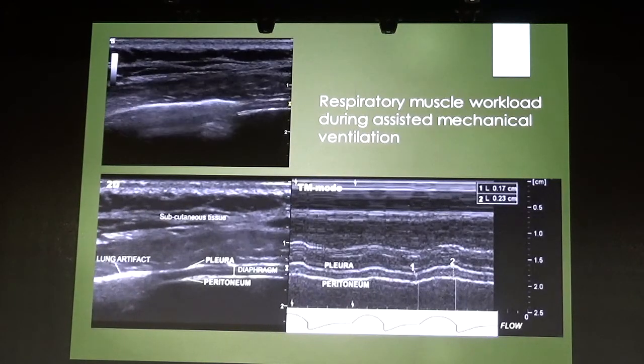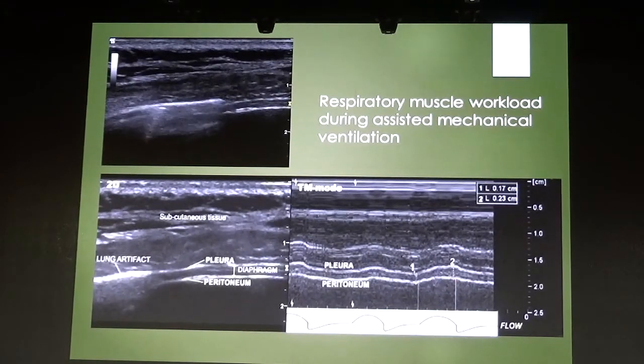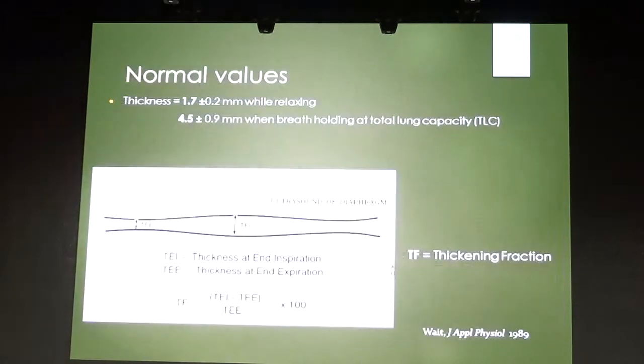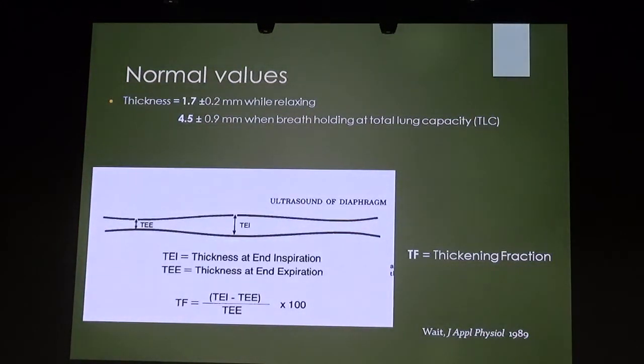And we can measure during inspiration what is called the thickening fraction that you can see here, that is more or less similar to the ejection fraction. That means the difference in the thickening during the inspiratory act divided by the thickness at the end of expiration.